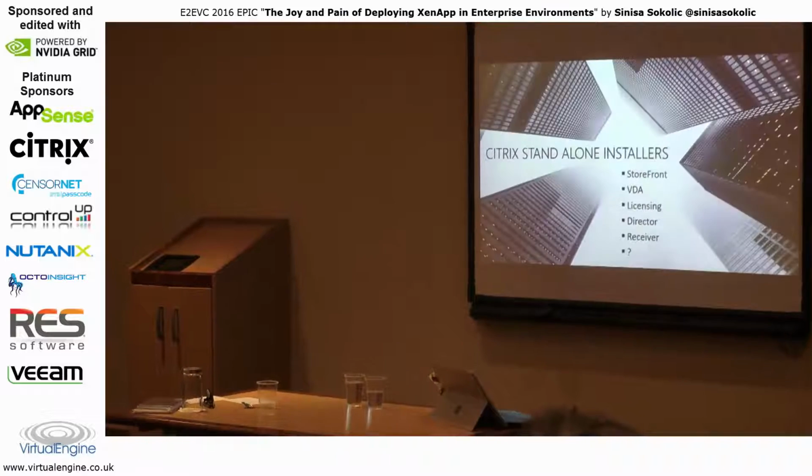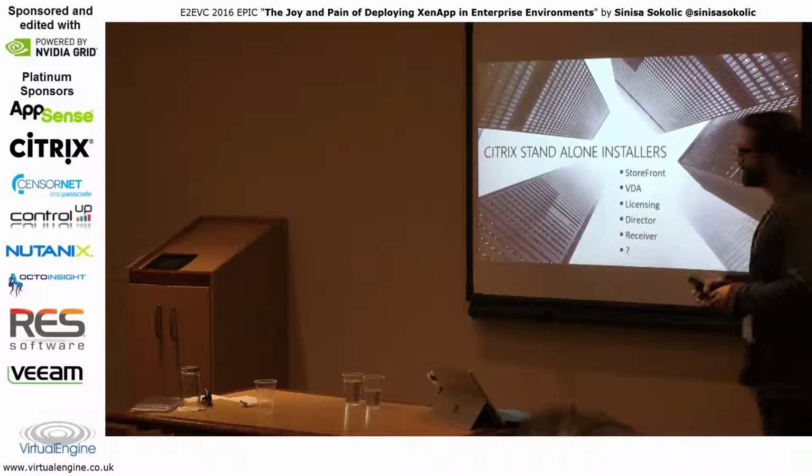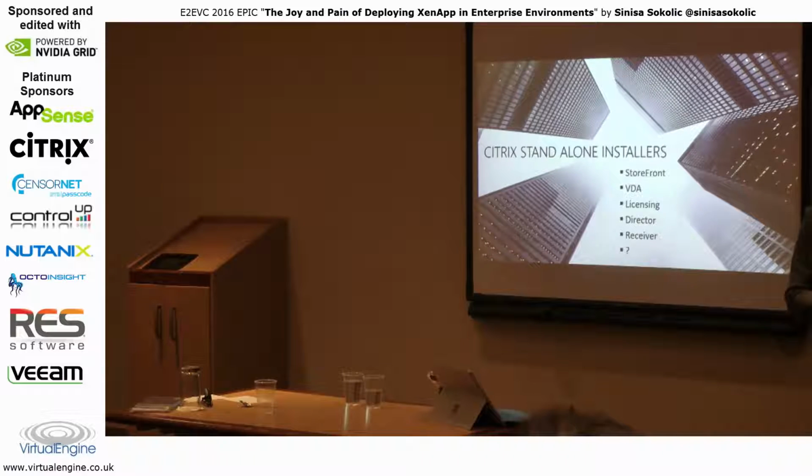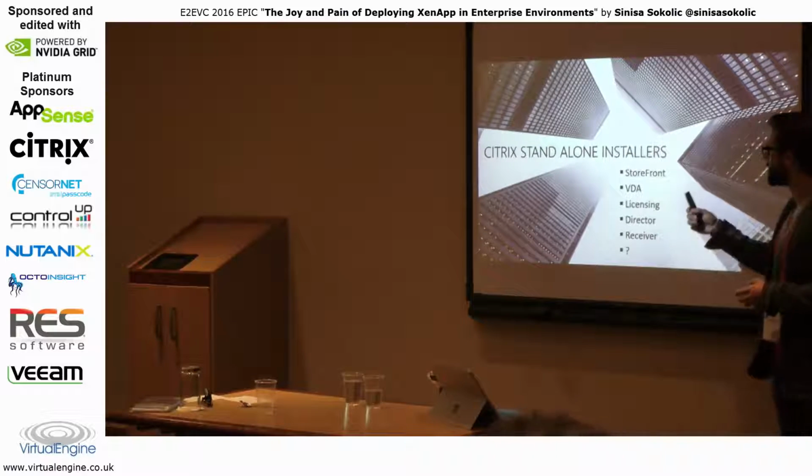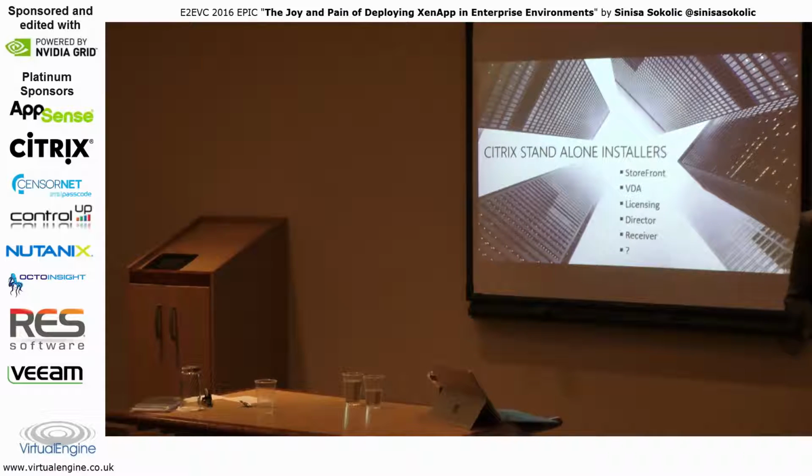And now if you have a look at the Citrix standalone installers, I don't know how many of you started with 7.1. It was not so good from a standalone installer perspective. So Citrix created standalone installers for the VDAs.